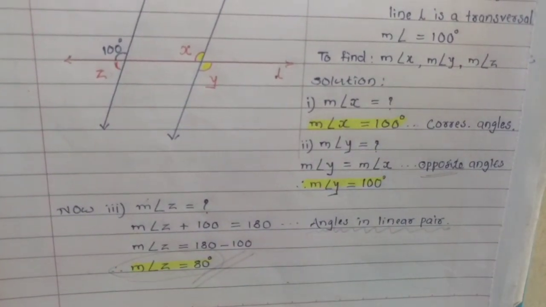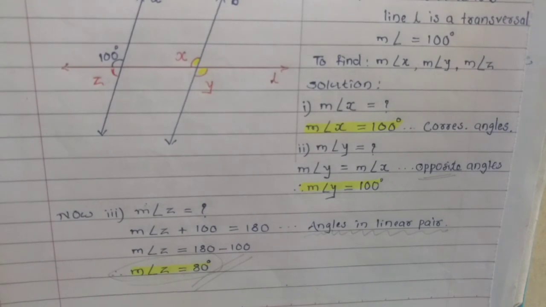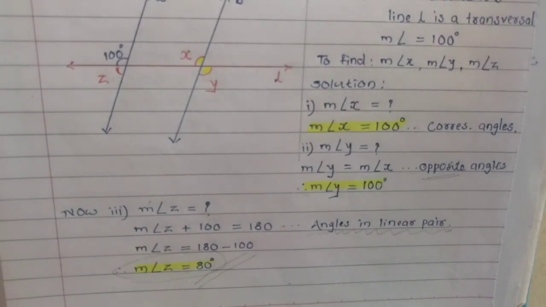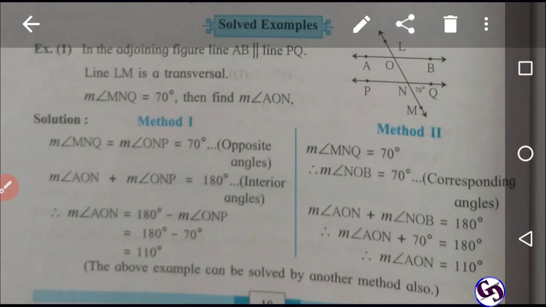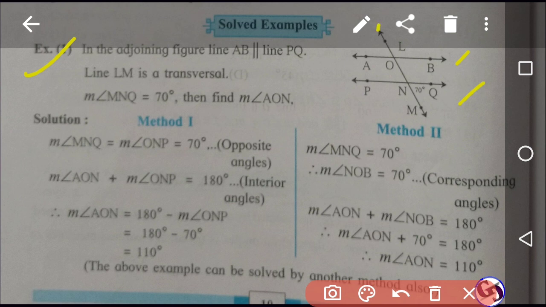Yes friends, you can do the remaining examples. Solve example first. In the adjoining figure, line AB and line PQ are both parallel and line LM is a transversal.